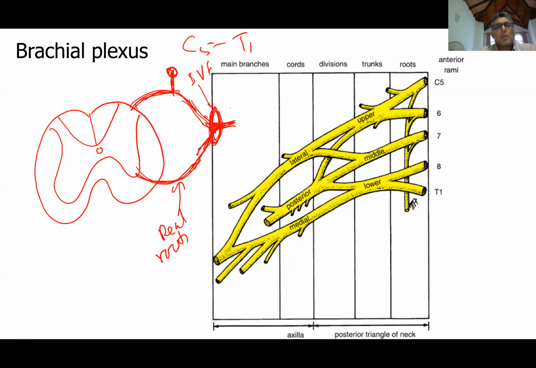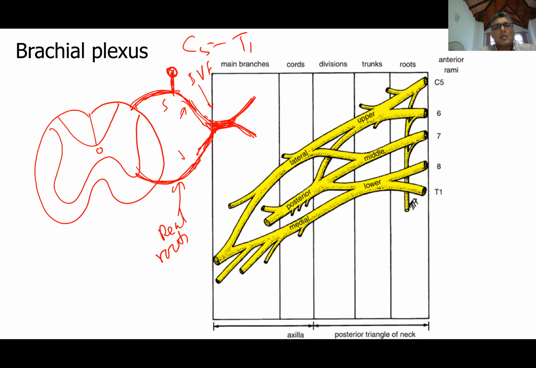This is a mixed nerve, because you have sensory here, you have motor here, and it's not only sensory and motor, you have somatic and you have autonomic as well. So all four types are there: sensory, motor, autonomic and somatic.